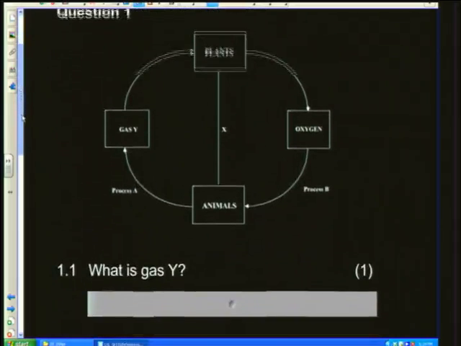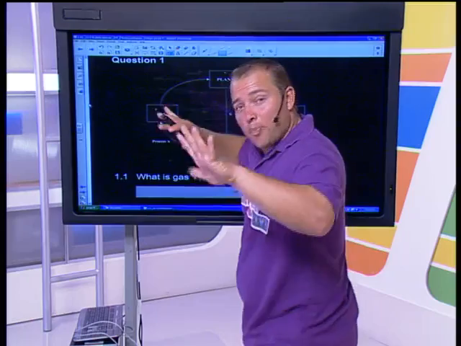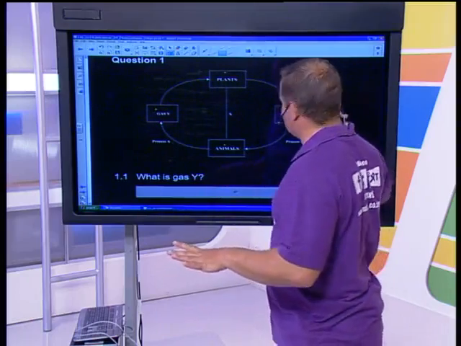Here we've got this beautiful picture. I've got a plant there, an animal there, and gas Y and oxygen. Now the question states, what is gas Y? Gas Y is the opposite to oxygen.